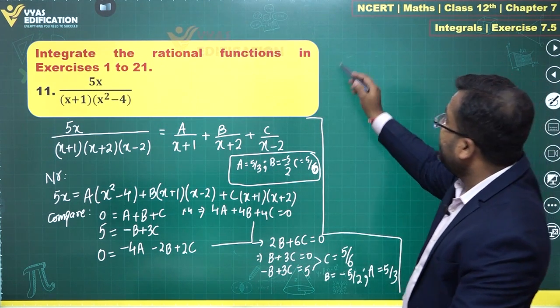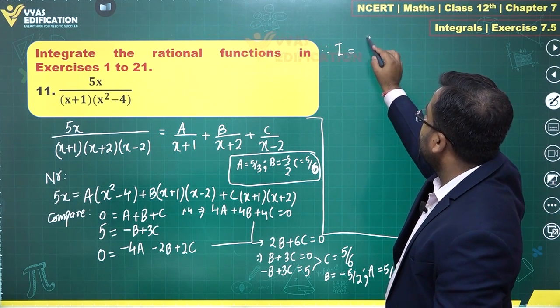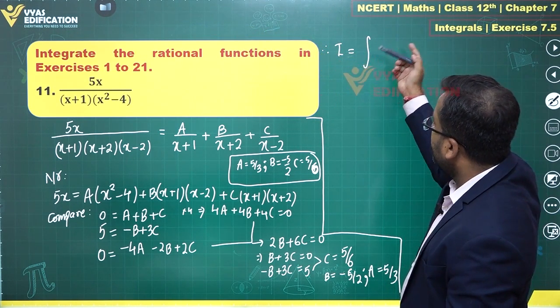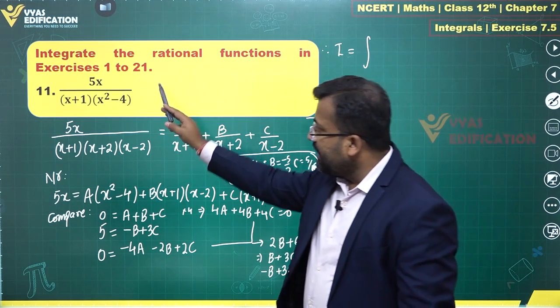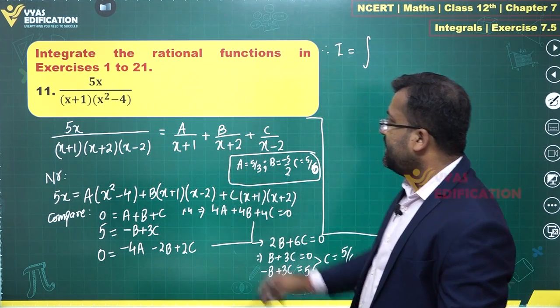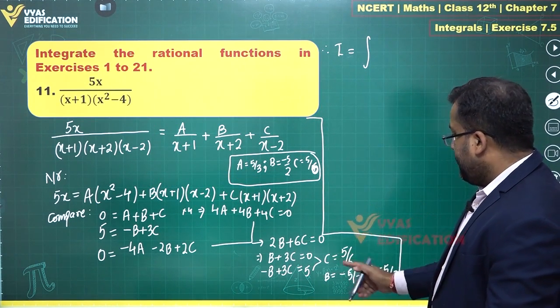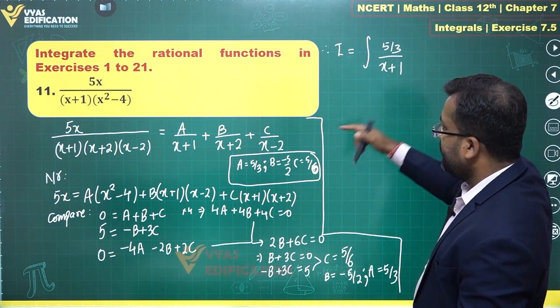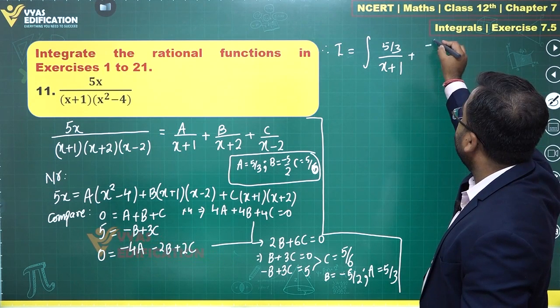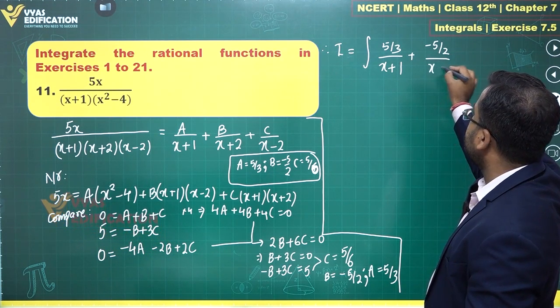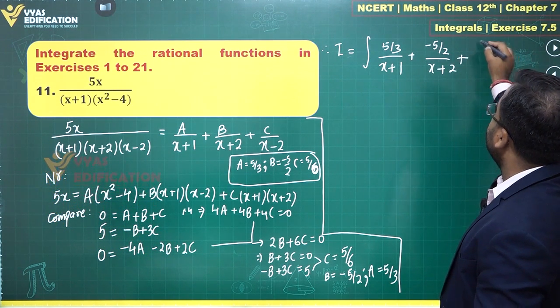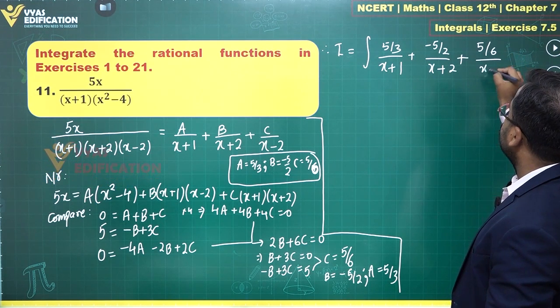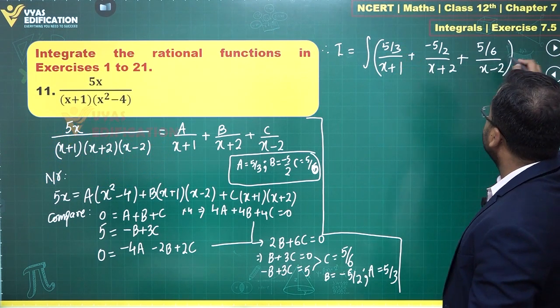And now we look at integration. Therefore, I is equal to the integral of that expression, which can be written as A upon x plus 1, which is 5 by 3 upon x plus 1, B upon x plus 2, which is minus 5 by 2 upon x plus 2, plus C, which is 5 by 6 over x minus 2, times dx.